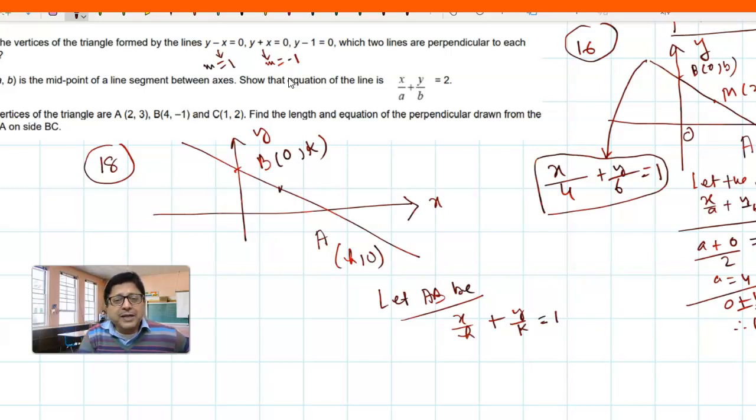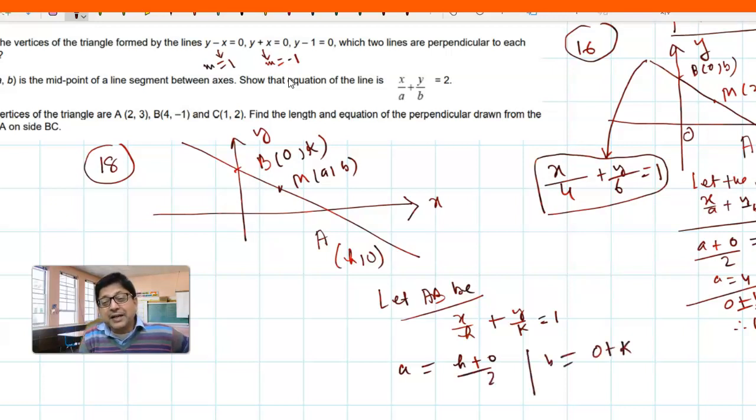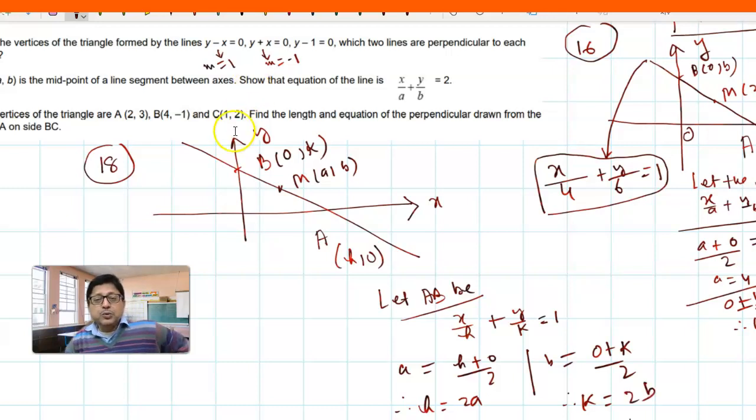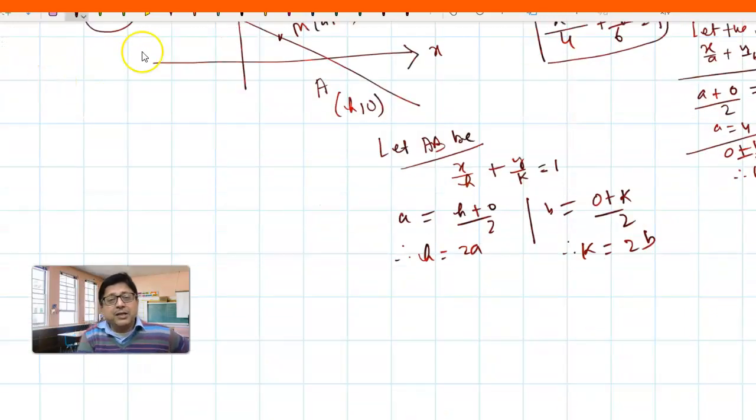Now the midpoint is given as a, b. So how to get that? a is going to be h plus 0 by 2. b is going to be 0 plus k by 2. So what is h here? And what is k here? h is 2a and k is 2b. So the line equation you have assumed, you just put it there.